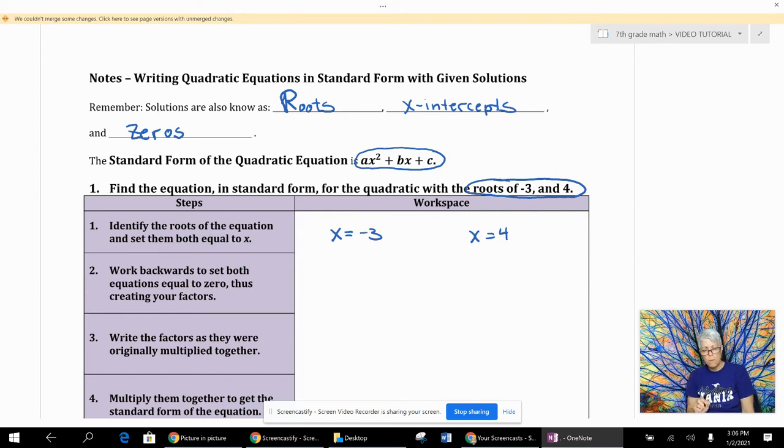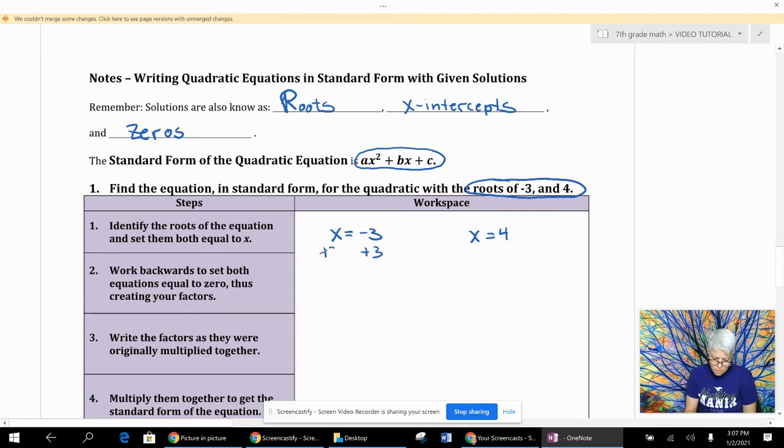So if you remember, right before we got to the step x equals -3 or x equals 4, whatever the solution was, we had it set to 0. So we're going to set this to 0 because if y is 0, then x is the solution. Remember that?